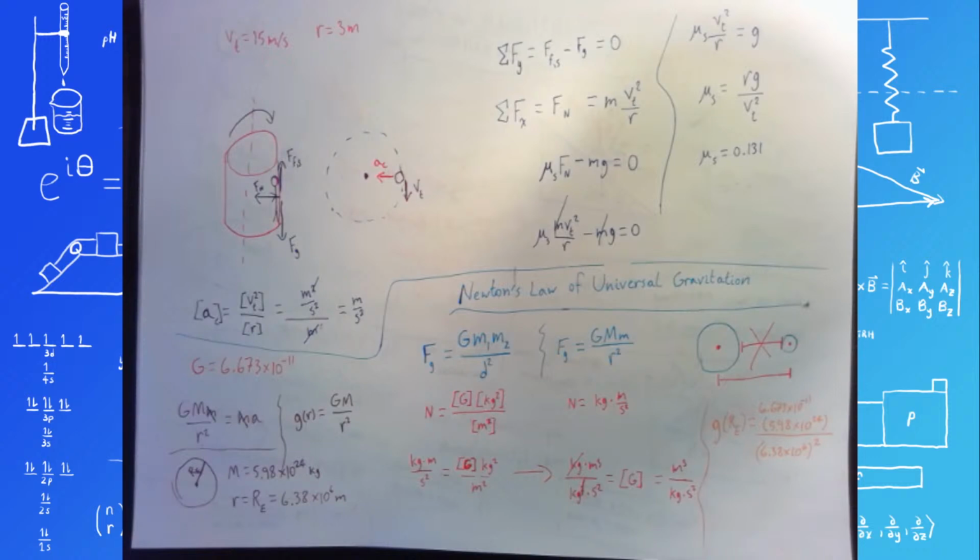Either that, or if you don't trust yourself to remember to do that, just get in the habit of squaring the power of 10 separately. So you could do 6.38 squared, and then without plugging it into the calculator, you can just do 10 to the 6 squared is 10 to the 12. And then all you have to square is the 6.38 and tack on a times 10 to the 12. Be very, very careful with your calculator when doing that stuff.